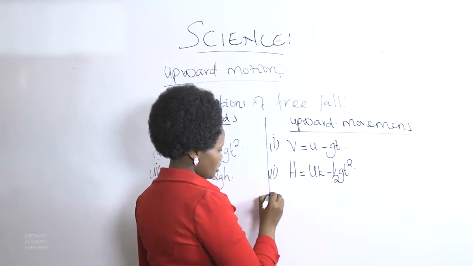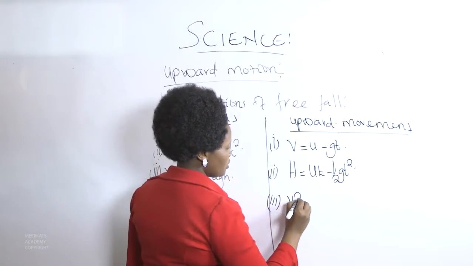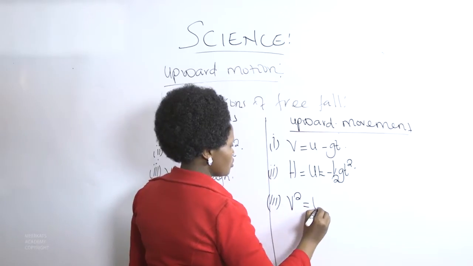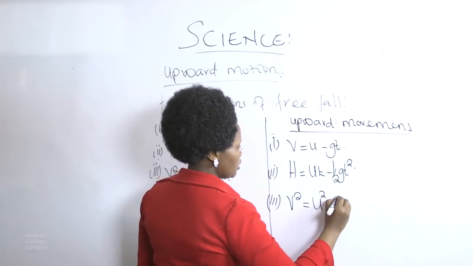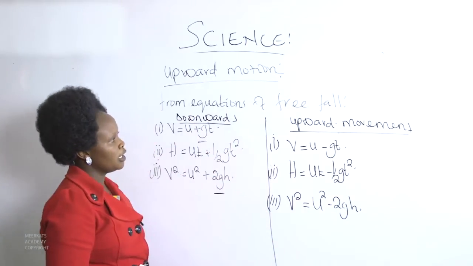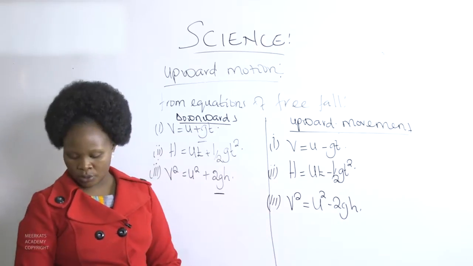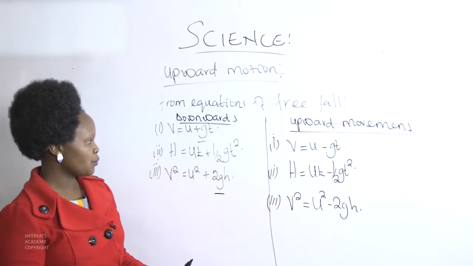And finally, v squared is equal to u squared minus 2gh.